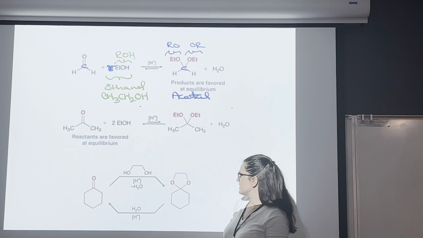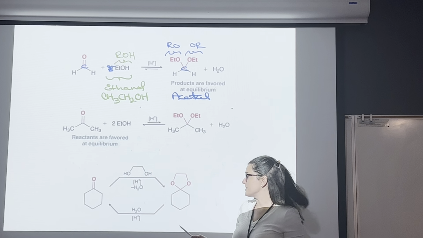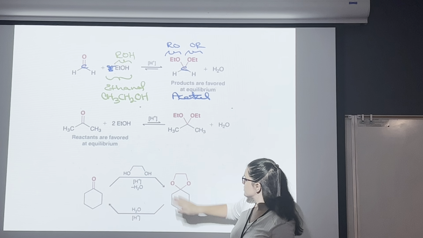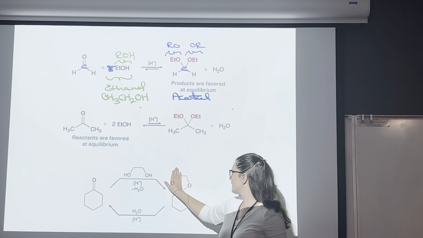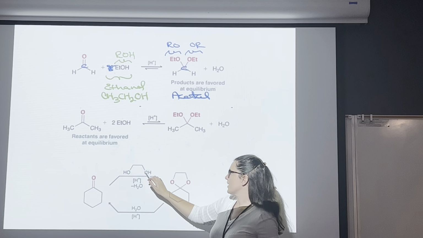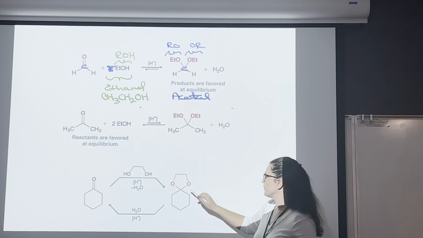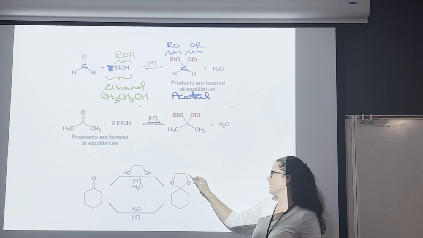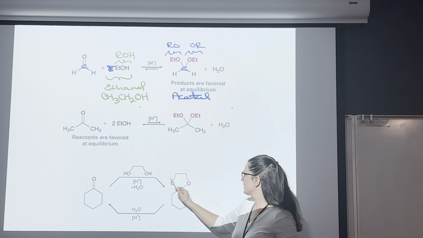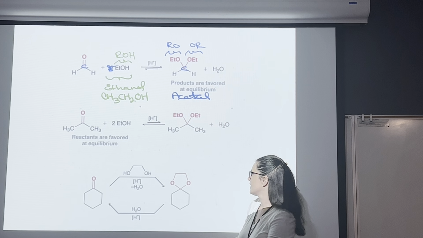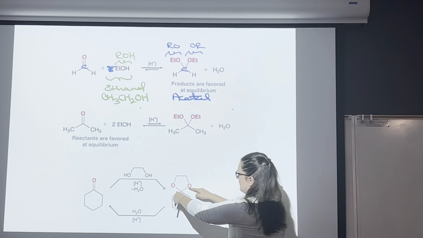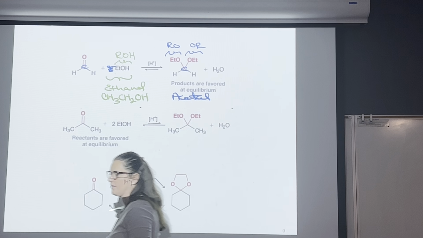So what happens is that we do get the acetal, we do get the carbonyl carbon bonded to OR and OR, except our ROH and our ROH over here are connected, so the OR and OR here are connected. So this right here is right here, and you can see that right there, and then that's bonded to the carbonyl carbon here.